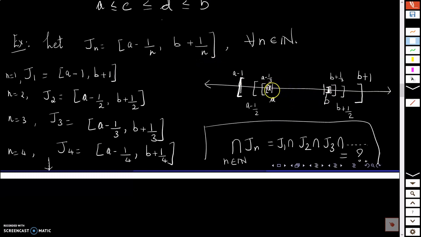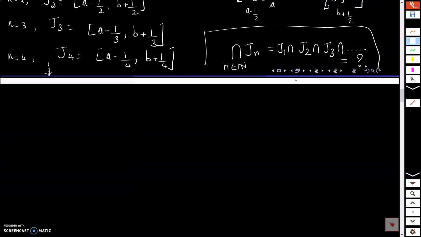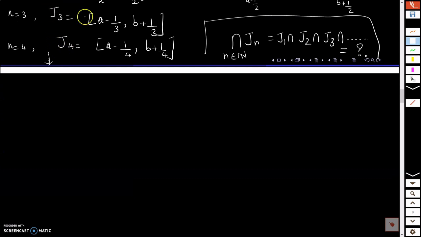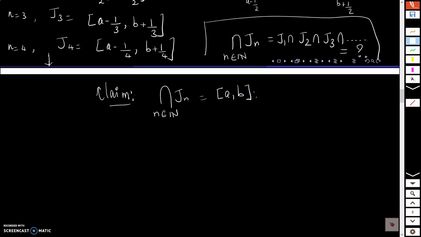That means A is in all of them, B is in all of them, and everything between A and B is also in all of them. So my claim is that the intersection of all of them is nothing but the closed interval [a, b]. This is what I want to prove.